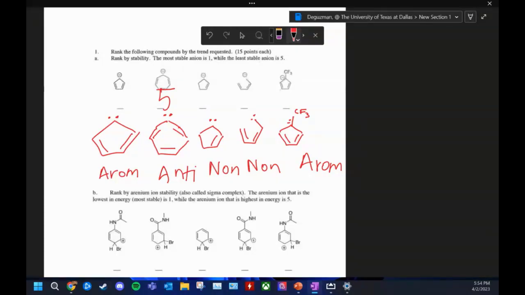That's good. Took me a second too. So we're going to choose that as our number 1 because we have an inductive effect on our negative charge. Negative charge is pretty good on an aromatic ring. We still don't like a negative charge on a carbon, so it's still not quite the vibe. So when we have inductive groups, that's always good. So that makes our other aromatic number 2.